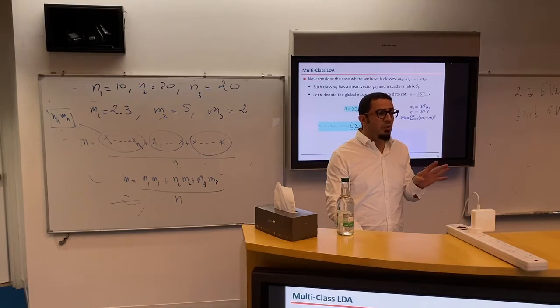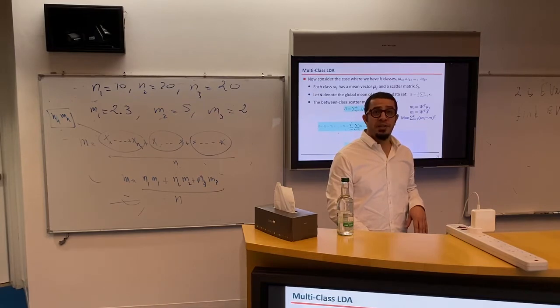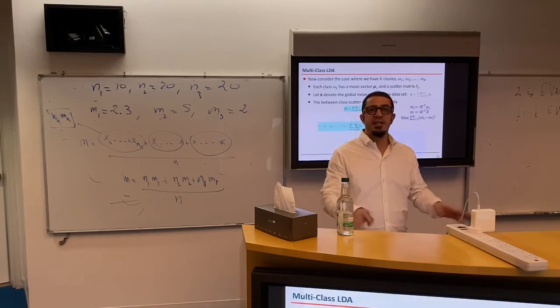Now we do the same thing as before. We calculate B from the class mean minus the total mean: matrix 1, matrix 2, matrix 3. For K matrices, we add them. We also add the covariance matrix, so we have B and S. We inject them and get the same calculation.